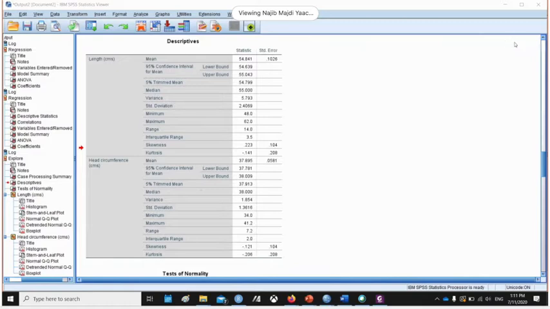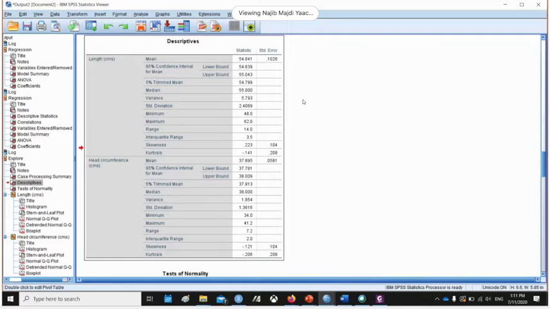You need to know how to decide normality based on this table, descriptive statistics.